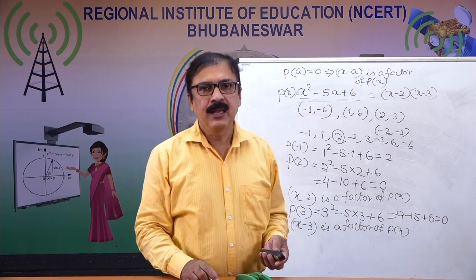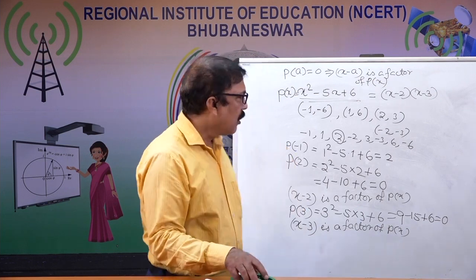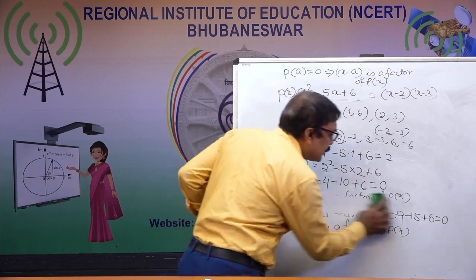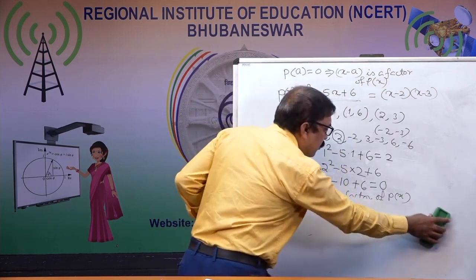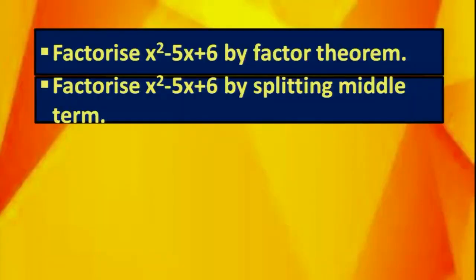Let's see another way to solve this. How to solve this again? We shall use the splitting of middle term to solve this, and we'll verify whether what we have done is right or wrong.